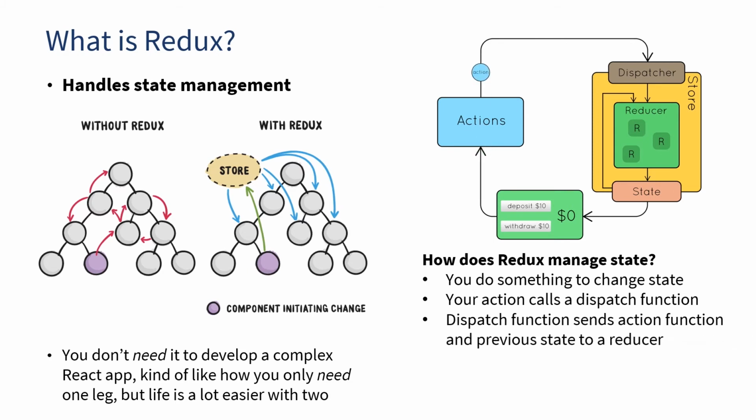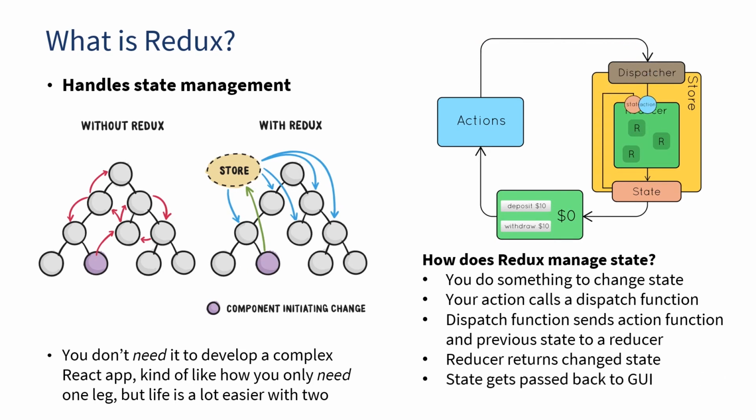The dispatch function will send the action and the previous state to the reducer, so the reducer will know how to change the state. And then lastly, the reducer changes the state here. State just gets passed back to the GUI after that.